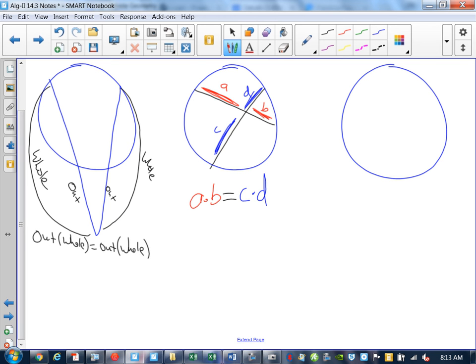And then the last one was where you had a tangent and that secant, where it was outside whole and a tangent part. So the last one of those was that tangent segment, was that outside times the whole.